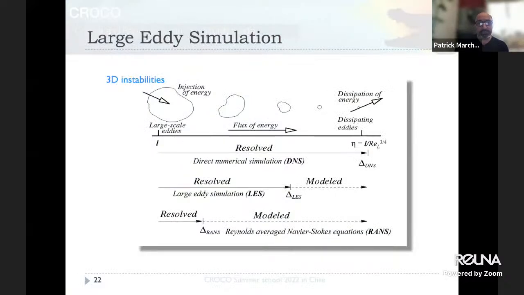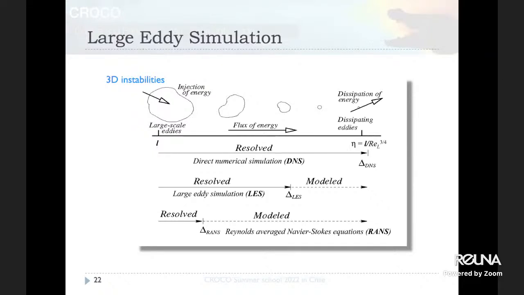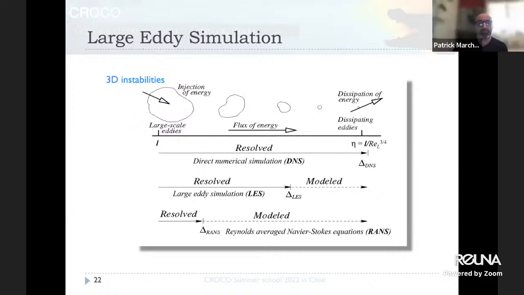So this diagram is a bit similar to the one I showed at the beginning. It shows the resolution of eddies across the scales from large-scale eddies to the dissipating eddies.